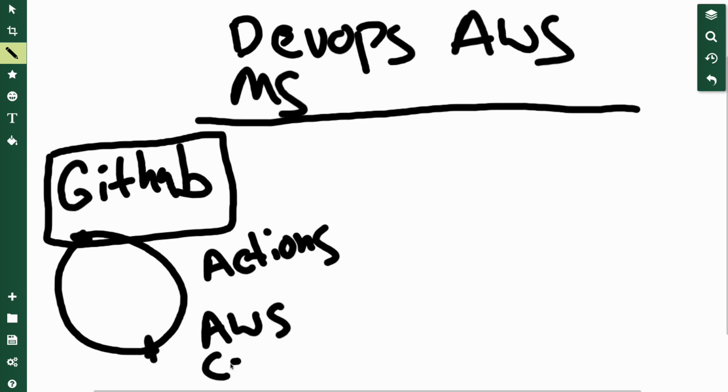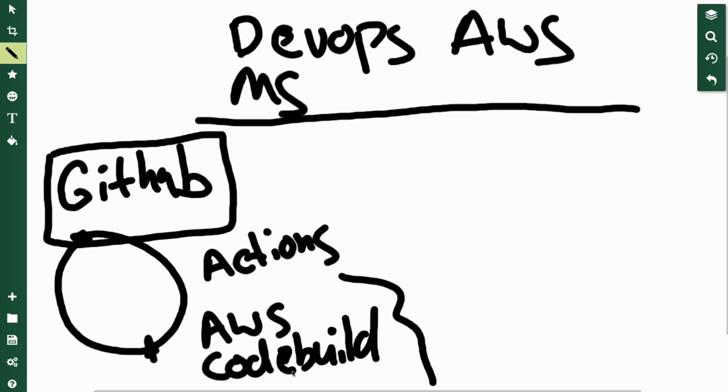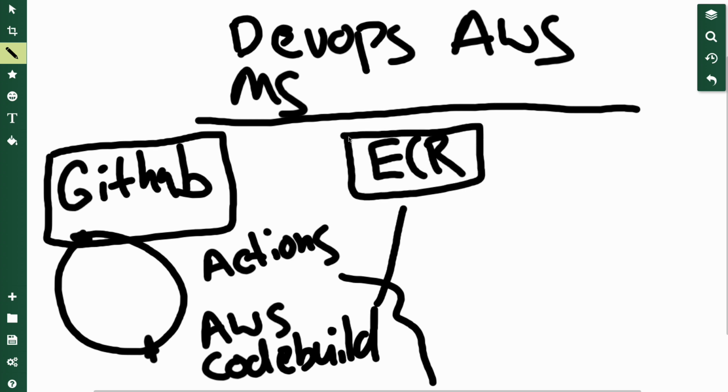Either one is suitable, although if you're going to build a container, you would probably want AWS Code Build, because Code Build could automatically push. You can do the same thing with GitHub Actions, but it is probably a little cleaner to push the built container to ECR, the Amazon Container Registry, which is what we just set up.